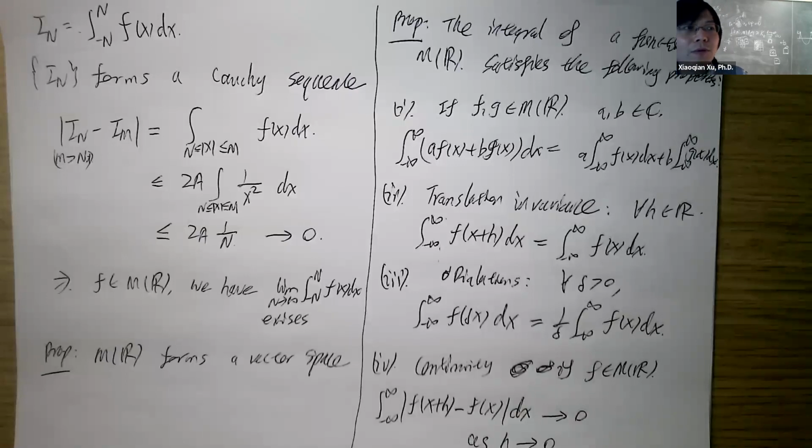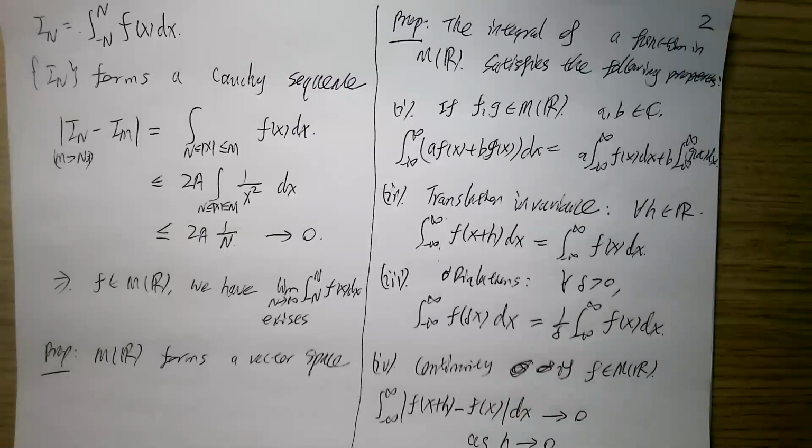So before we prove them rigorously, any question about these properties? I have a question, but not about the properties. Can you give an explicit definition of the space M(R)? Of course.